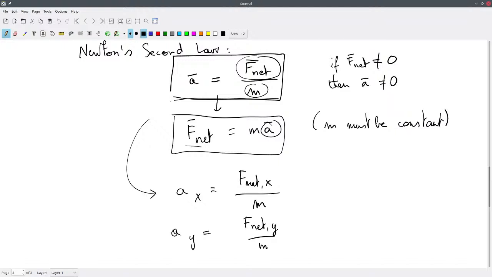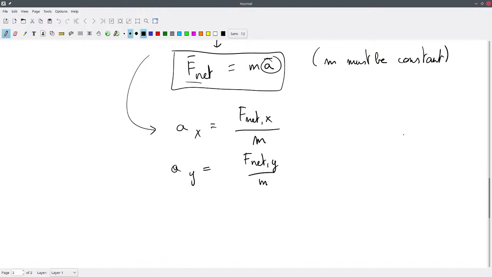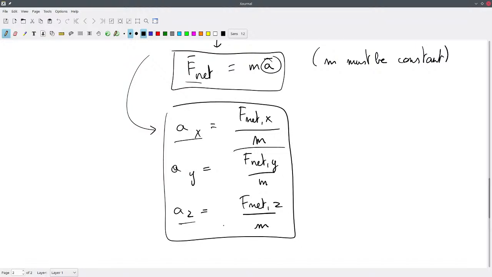Everything will just translate that way. And I can add a z component here for those problems when we're in three dimensions.